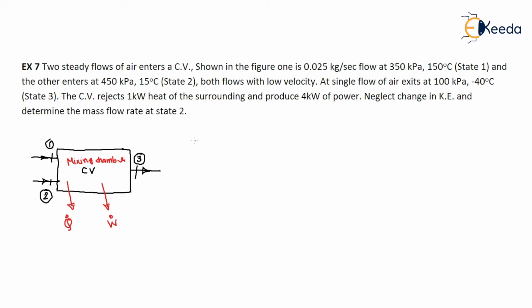So see, what is stage 1? Stage 1 is 0.025 kg per second, the temperature is 150 degree centigrade, and the pressure is 350 kilopascal.